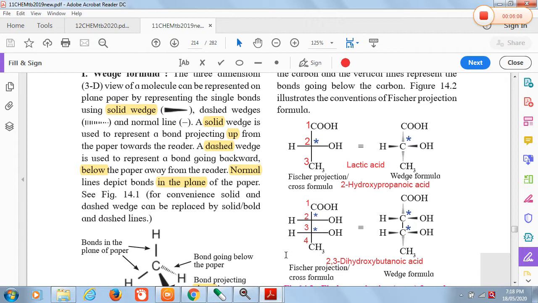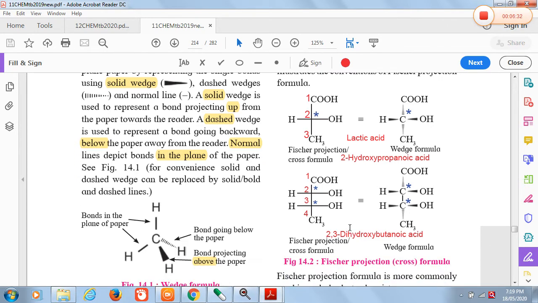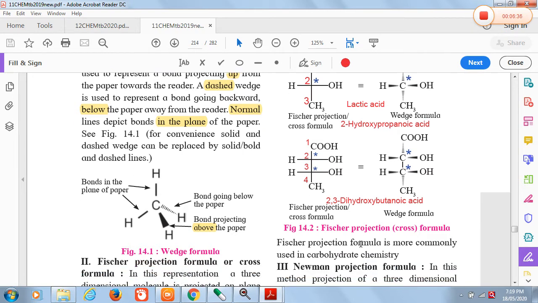So first and fourth group, that is COOH and CH3, are behind the plane or below the plane, so they are shown with dash wedge, and the horizontal groups H and OH on second and third carbon are above the plane, so they are shown with solid wedge. So this is about the Fischer projection and cross wedge formula.